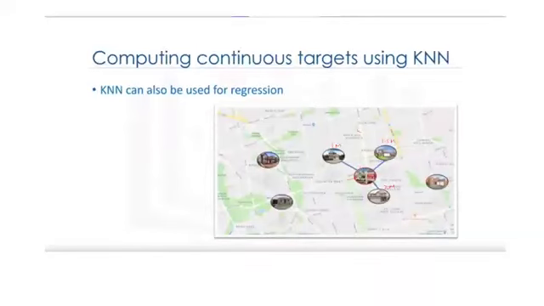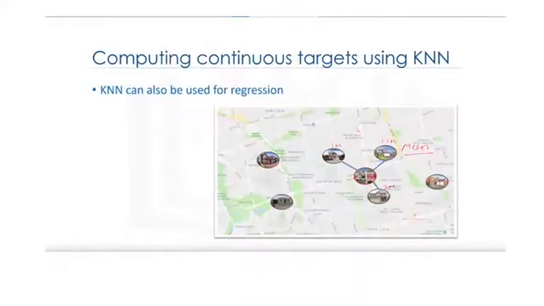Now, in this case, my output variable is a continuous variable, and I'm using KNN to predict that continuous variable, which is the price, right? So it's the same concept: finding the nearest neighbors, and based on that, I'm taking the mean. For regression, I'll go with mean, and for classification, I'll go with mode.